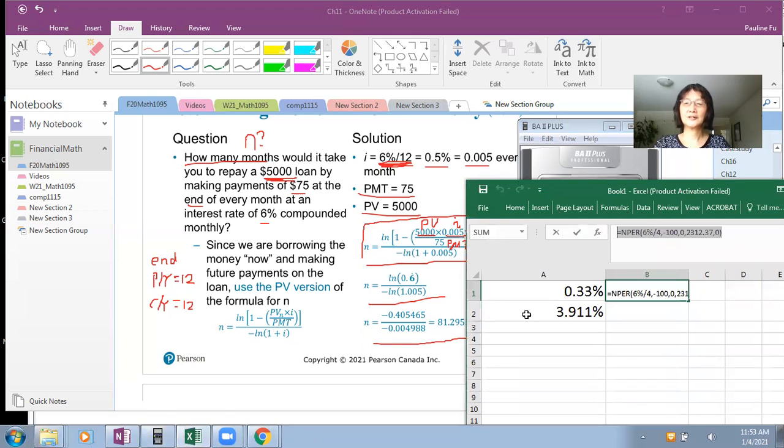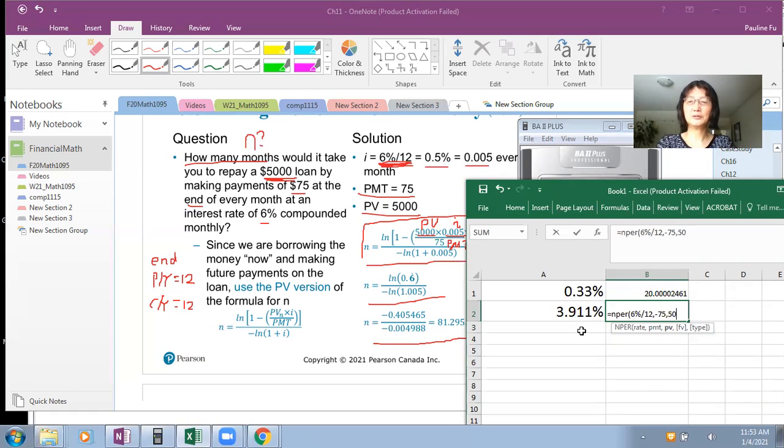Next, formula. So for the formula, we need to use NPER. I'm going to start here. So typing equal NPER, opening bracket. Rate is 6% compounded monthly, divided by 12. PMT, negative 75.